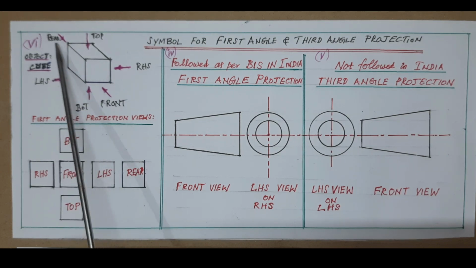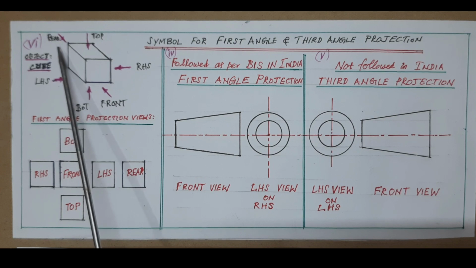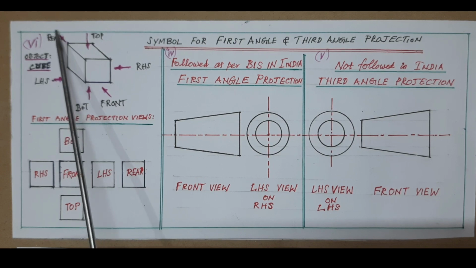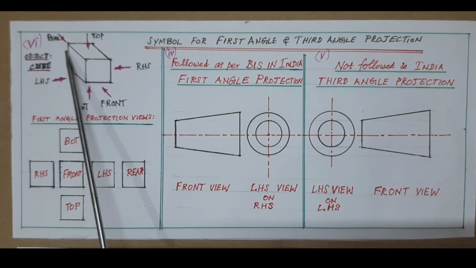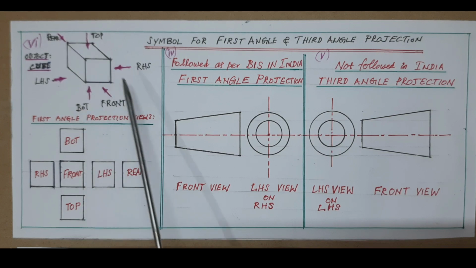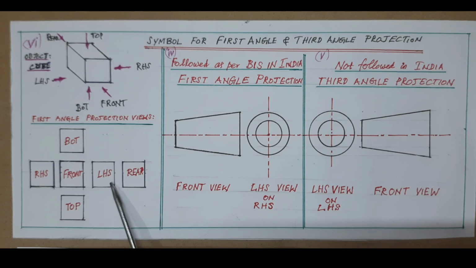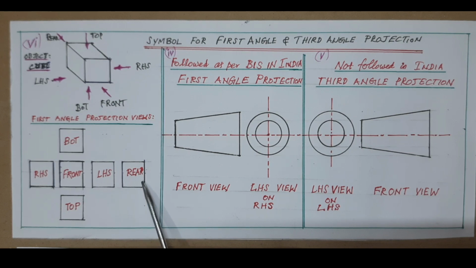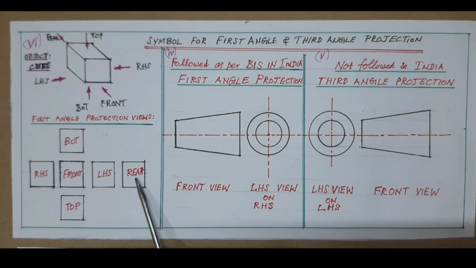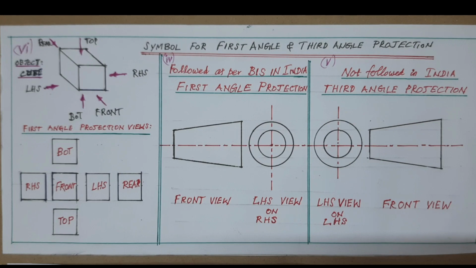One more side, the rear, is there. It is to be seen from the back side of the front view, and the drawing is done next to the left hand side view, that is at the right side, as the rear view. Mostly the rear view will not be required for our practical purpose. The procedure of how to draw the first angle projection is to be known as shown here.